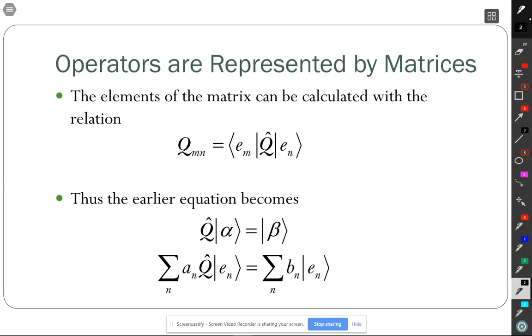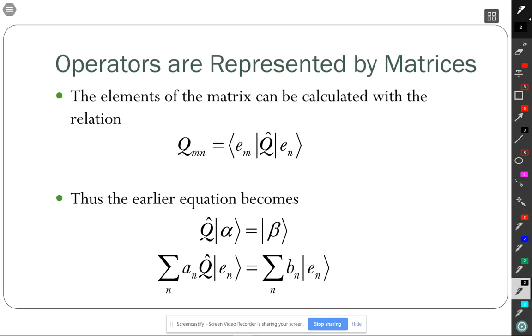Now you might look at this like I did and say, wait a minute, shouldn't Q operator acting on E sub n give me Q eigenvalue times E sub n? Wasn't that our operator relationship? It is if you're acting on an eigenfunction of the operator.